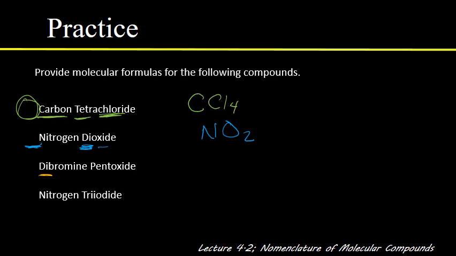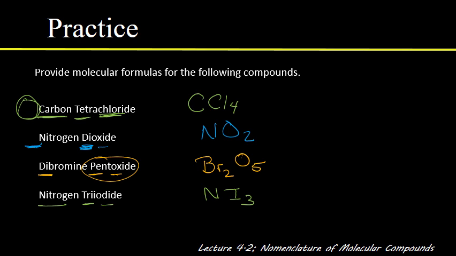Then dibromine pentaoxide means our more electropositive element is bromine, and we have 2 of them, and then our electronegative element is oxygen, and there are 5. And then finally, our last one, nitrogen triiodide, means we've got 1 nitrogen and 3 iodines.